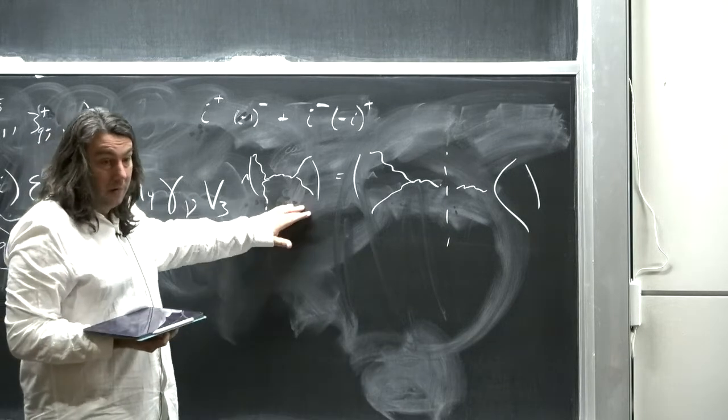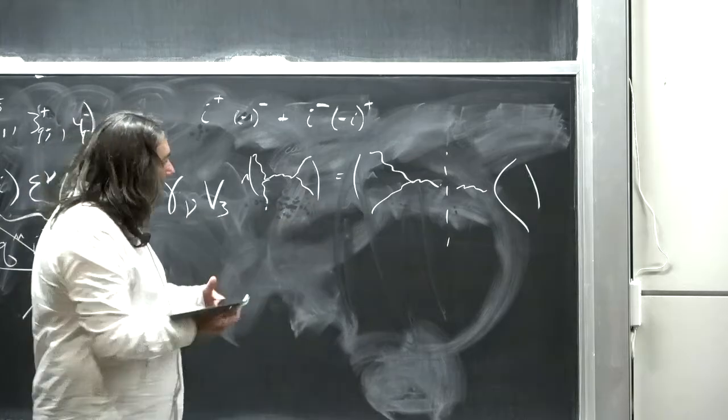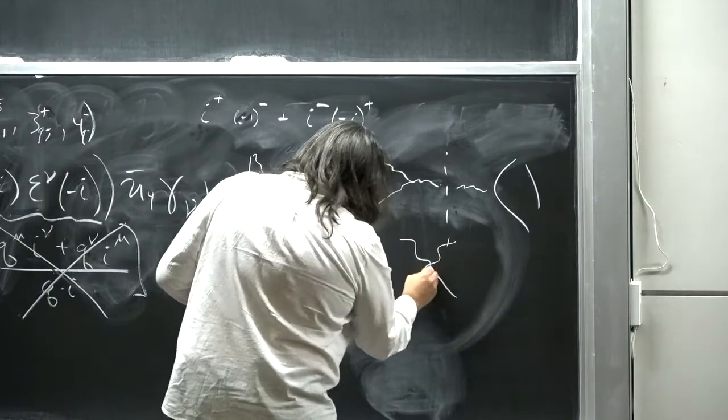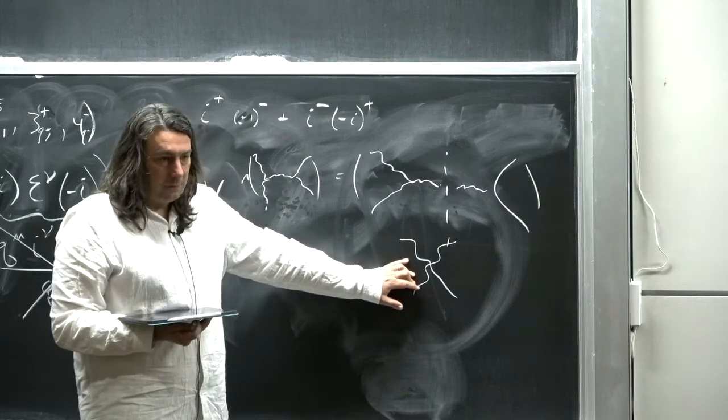It would be wrong. It would be garbage. It'd be missing a piece. What's it missing? It's missing the known 4-point contact that you get from expanding trace f squared.